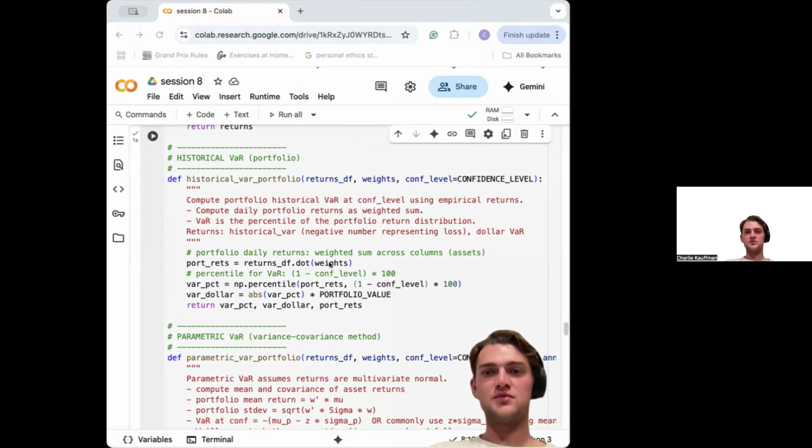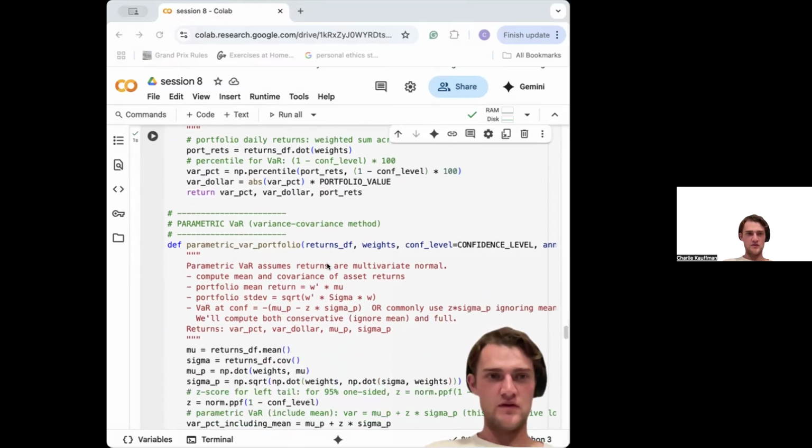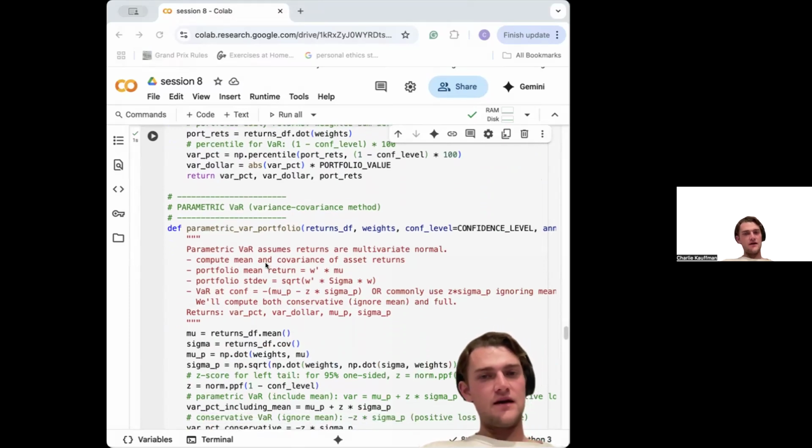This first one computes portfolio returns by multiplying each day's returns by our weights and summing. And then the second line gets the fifth percentile for 95% VaR.